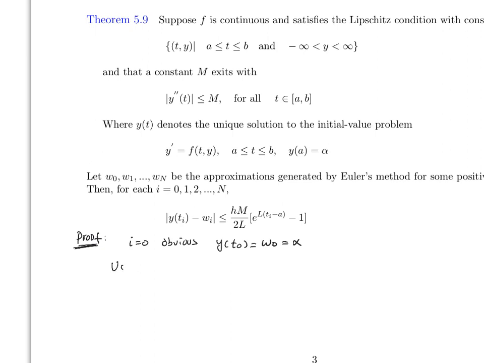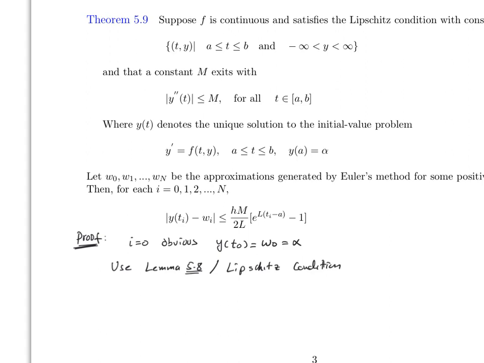This theorem uses lemma 5.8, which is the one we just did right now. And obviously, you need to know to apply the Lipschitz condition too. So you should try this proof by yourself.